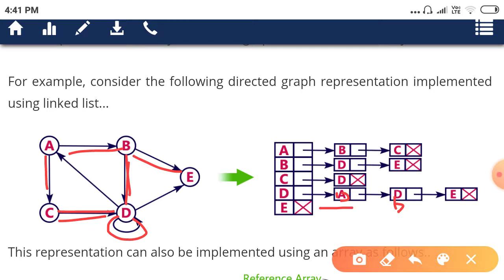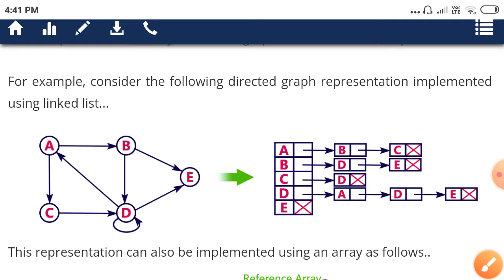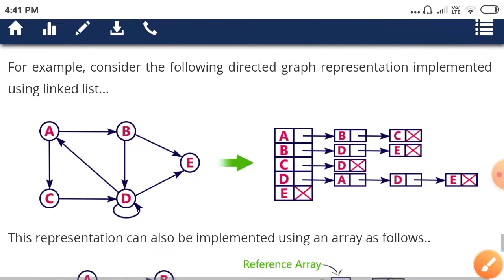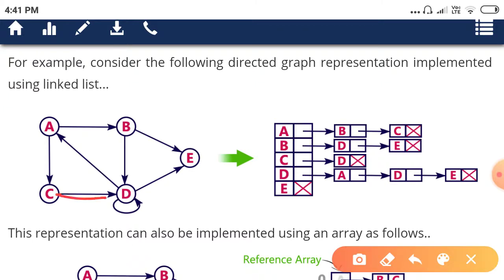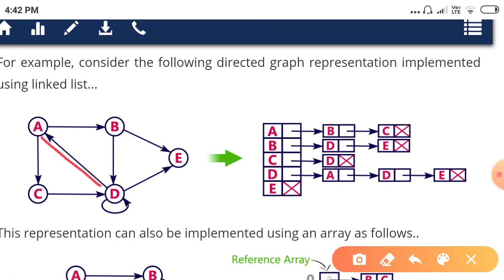And then from d: d to a, d to e, and then itself. Sorry, I'm getting confused. Okay, so d to a, and then d to e, and then self. Okay, this is an adjacency list.